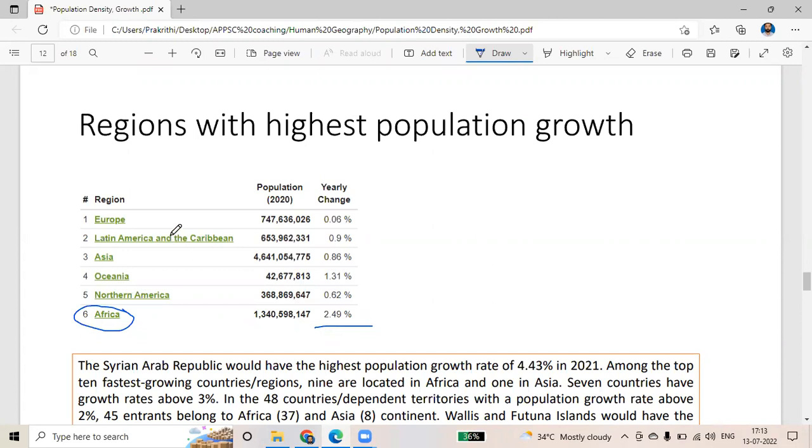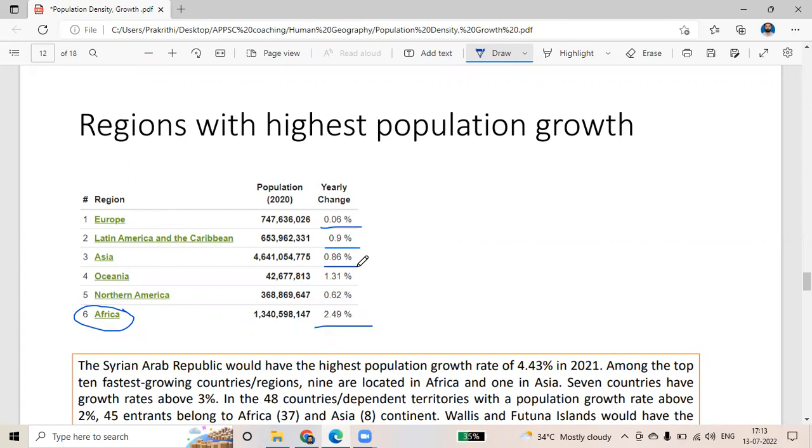Coming back, if you look at this data, Europe has only 0.06% growth rate. Latin America and Caribbean region, it is 0.9%. Asia 0.86%. Oceania, where the population is very less, population density is also very less, so the area is also small.